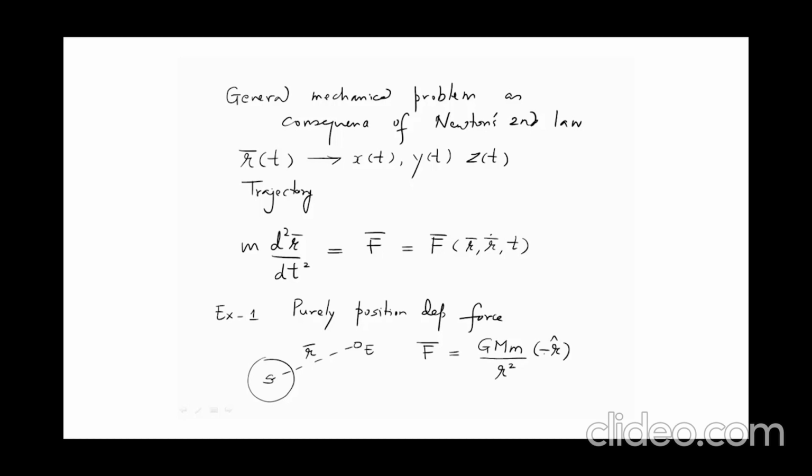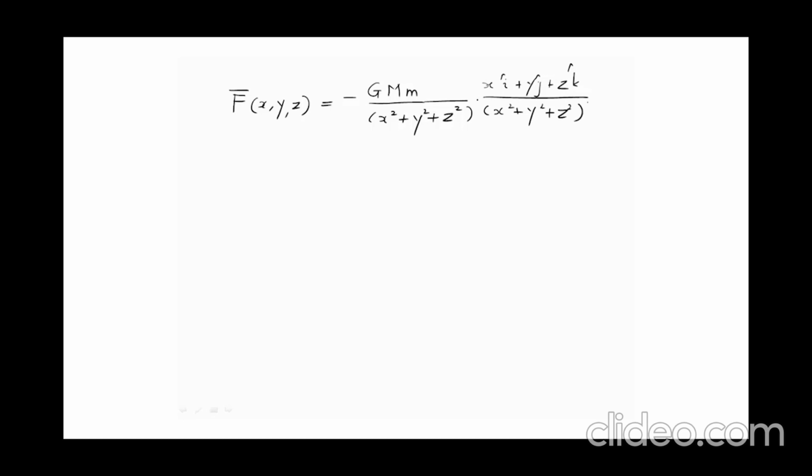Why is this a position dependent force? Because the force F, which acts on the Earth when it is at the location x, y, z, can be given the form minus G M m upon r square, which is x square plus y square plus z square, times r cap, which has the form x i cap plus y j cap plus z k cap divided by x square plus y square plus z square to the power half.